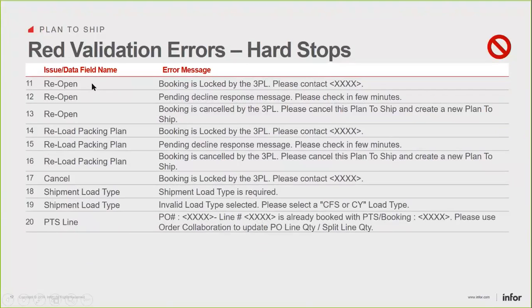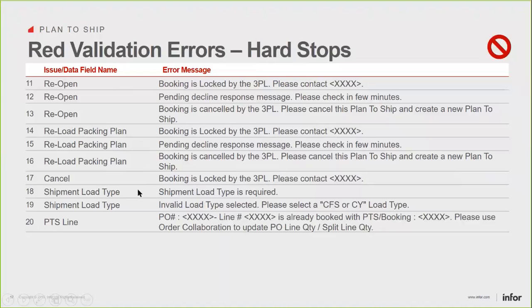Some messages are action related, such as reopen, reload packing plan, cancel. When suppliers take actions on the plan to ship, these are the possible error messages that a supplier will probably see. And shipment load type is a required field.